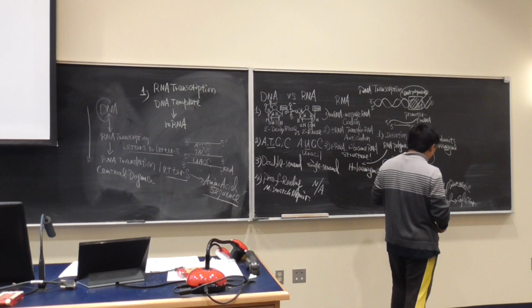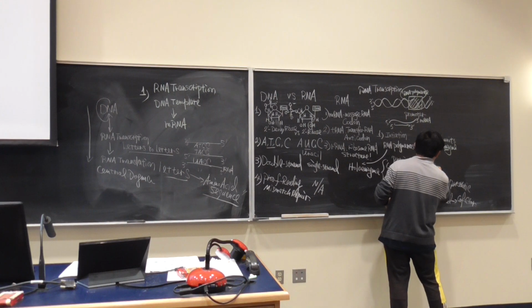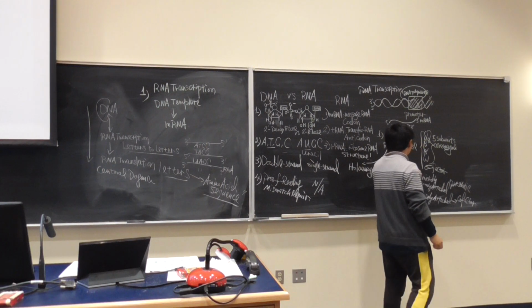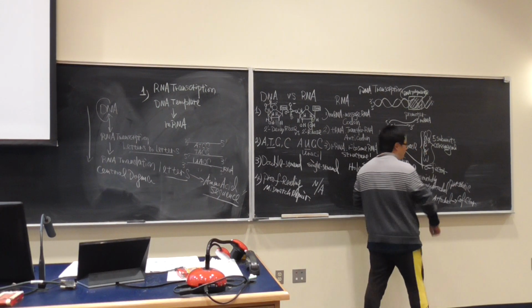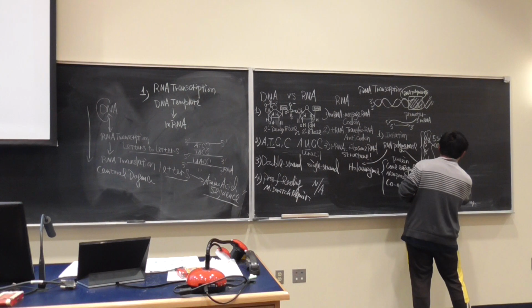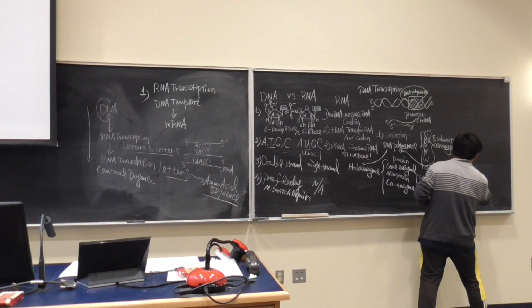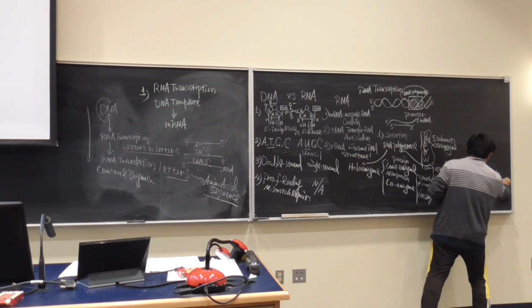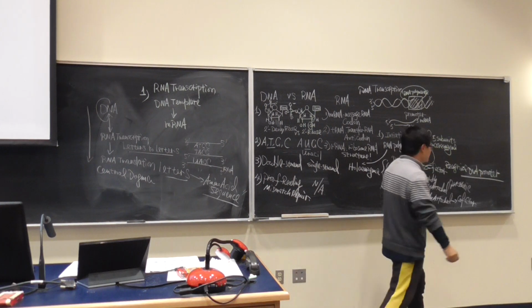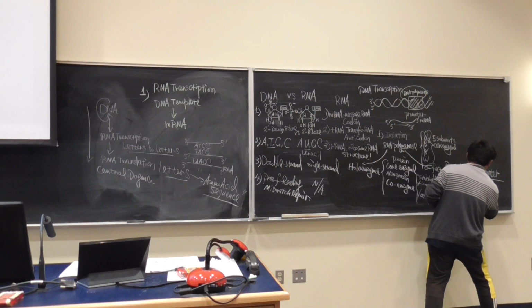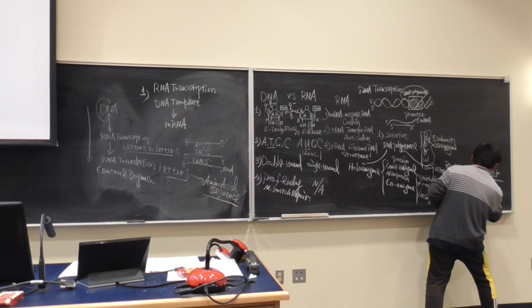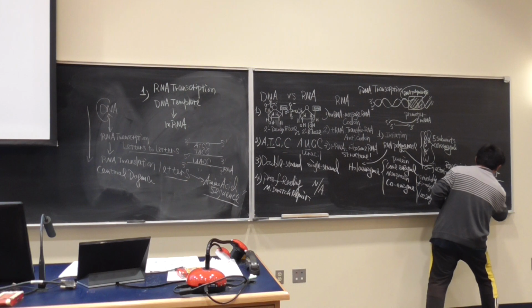Then you have a cofactor, which is a sigma factor. The sigma factor will help RNA polymerase to recognize the DNA promoter. And we also mentioned DNA promoter is a very conservative special sequence.